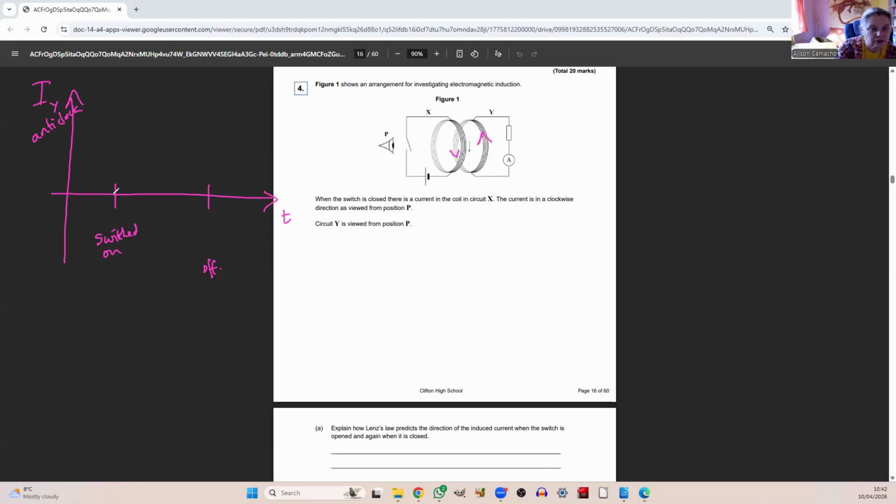As soon as it's switched on, it's going to go blip. Then nothing will happen until it's switched off. And then it will go blip the other way.